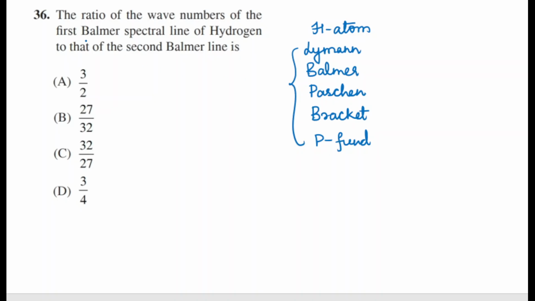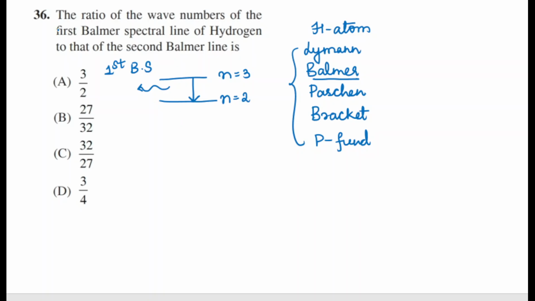We are going to study only up to 5 series. In that, they have asked about the first Balmer spectral line of the hydrogen atom to the second Balmer spectral line. The Balmer line is the transition to n equal to 2. That is the transition from n equal to 3 to n equal to 2, we call this the first Balmer spectral line.